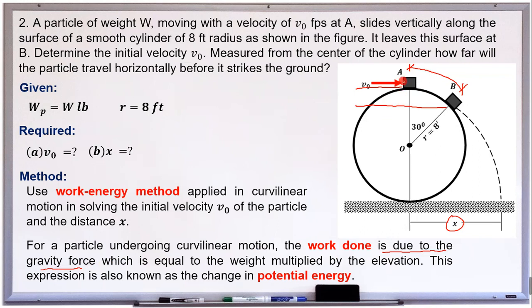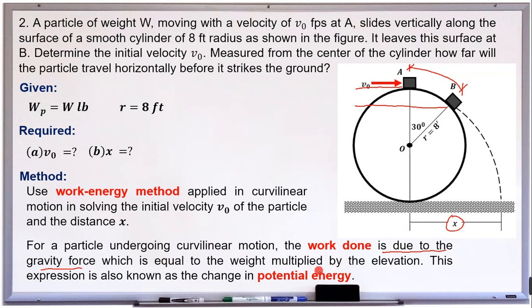Since our system does not indicate any applied force, the movement of this particle is only due to the gravity force. So the work done is also due to this physical quantity, that is the gravity force. So the work done here is simply the product of the weight of this particle and the change in its elevation.